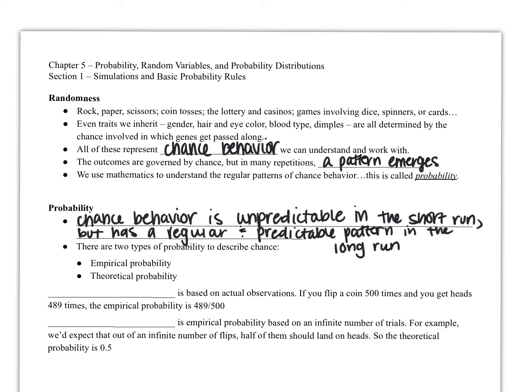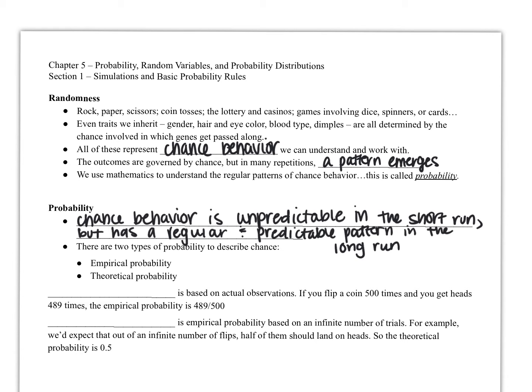So it's like thinking about how if you flip a coin 3 times, it could come up heads every time, but we know there's a 50-50 shot of flipping heads or tails. That's because in the long run, there's the predictable pattern that the probability of flipping heads or tails is 50-50.